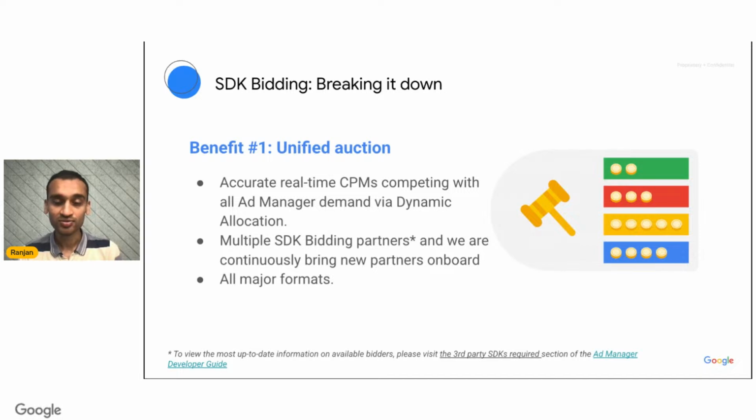Our goal is to consolidate all the bidders using proprietary SDKs on mobile app inventory into SDK bidding. Also, all important formats such as banner, interstitial, rewarded, etc. are supported, which increases auction pressure and gets you the format with the highest CPM for every single auction.